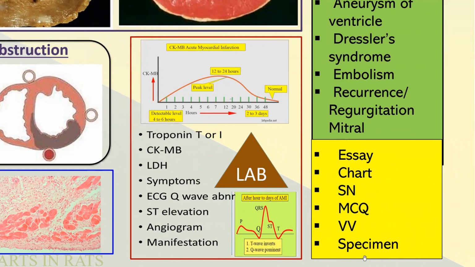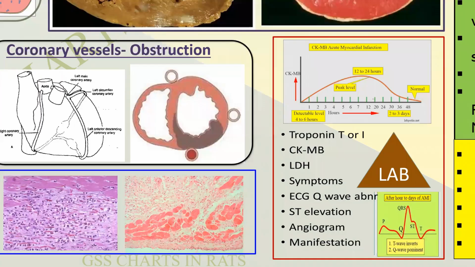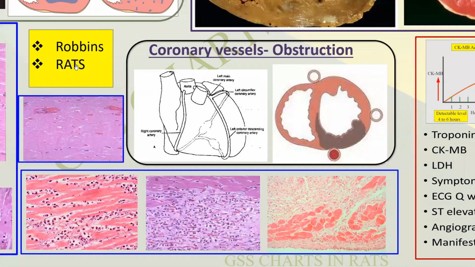A ventricular hypertrophy specimen may be kept, and you will be asked various questions on myocardial infarction as well. The references obviously are Robbins, nothing to beat, and R.A.T.S. I have given a detailed description of myocardial infarction, which is an essay question for all of us.